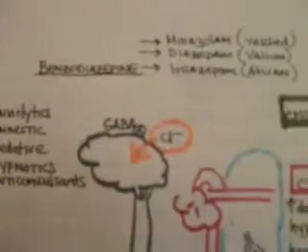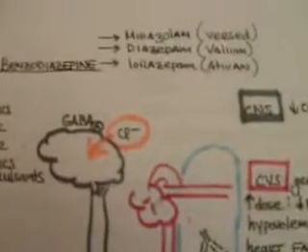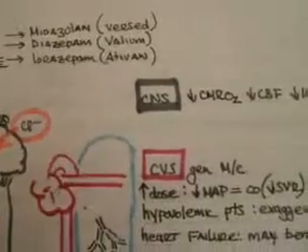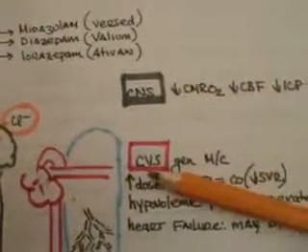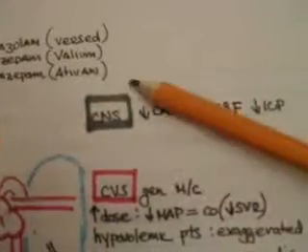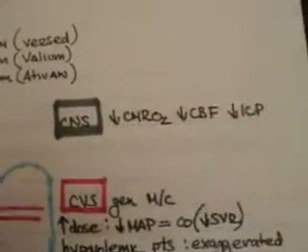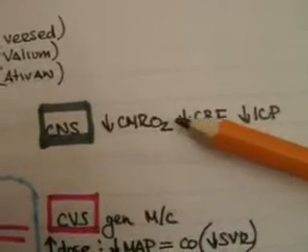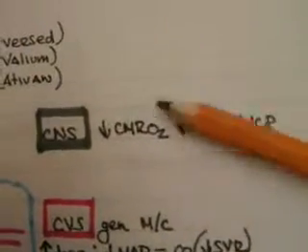We'll talk about the pharmacodynamics of benzodiazepines, and pharmacodynamics implies the effects on the organ system. On the central nervous system, we know that benzodiazepines decrease the neuronal activity and therefore decrease your cerebral metabolic rate of oxygen consumption.